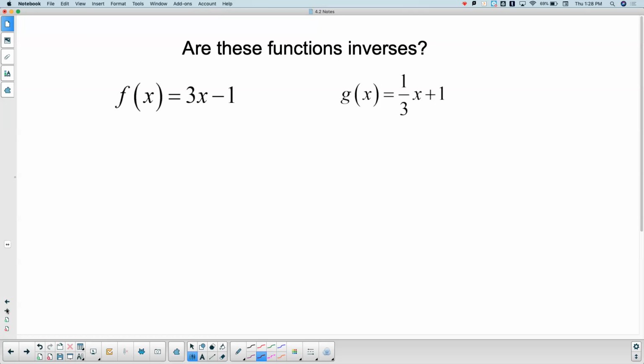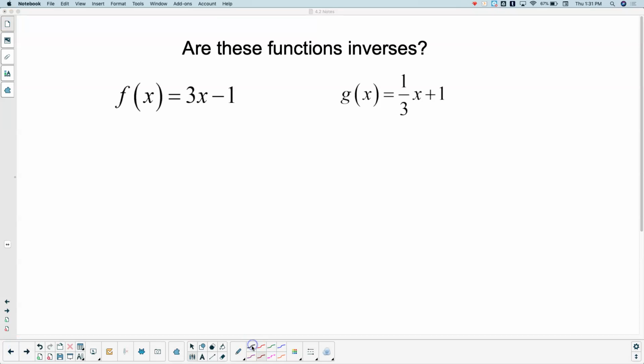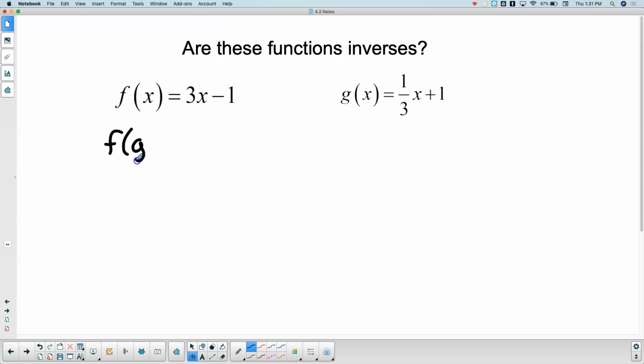Using the composition rule, are those two functions inverses? So if I do f of g of x, it's got to be x. So that's going to be f of 1/3 x plus 1.